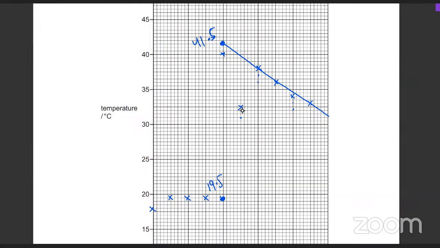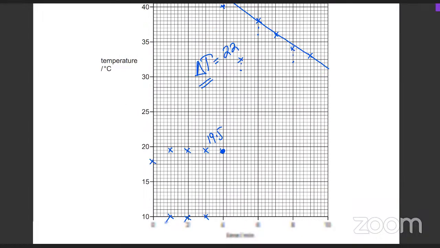Delta T. What are we getting for delta T over here? 22. Okay, so delta T comes out to be 22.